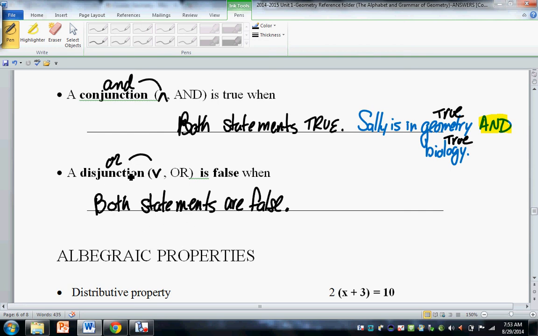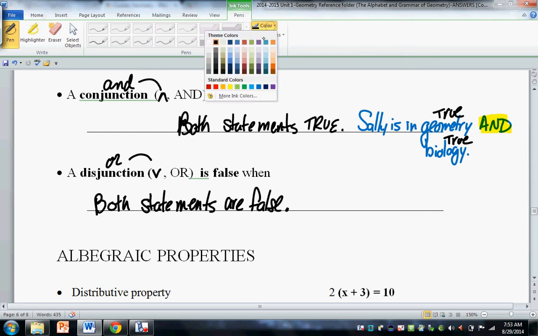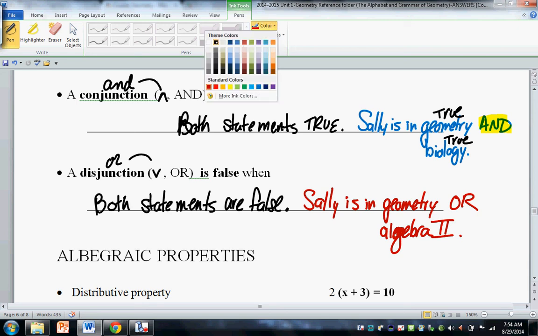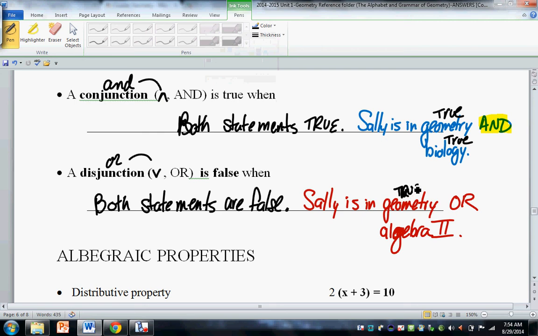A disjunction, or an or statement, is false only if both statements are false. Let me give you an example. If I have the statement that Sally is in geometry or algebra 2, this is true, this is false.